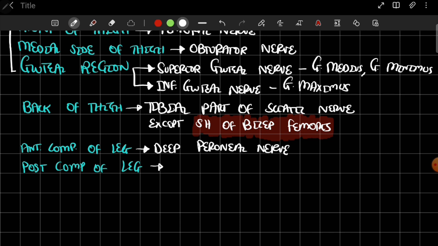So basically the common peroneal nerve is responsible for it, or also we can say, first we will write the tibial nerve, and then also the common peroneal nerve.